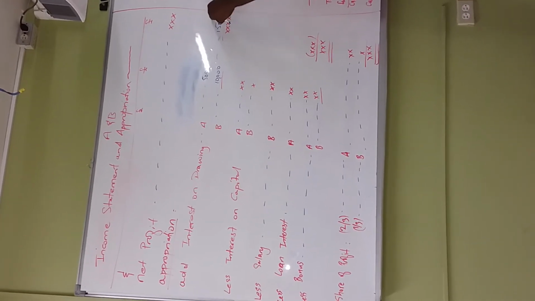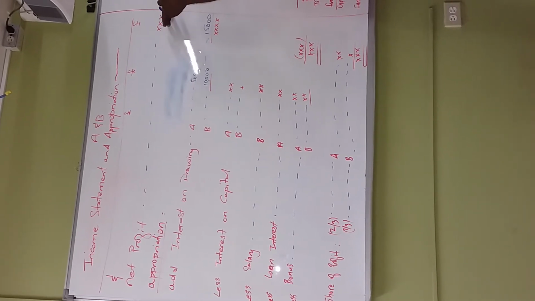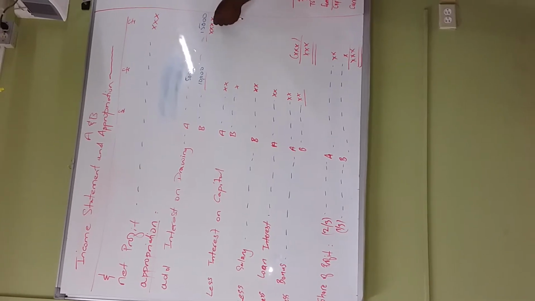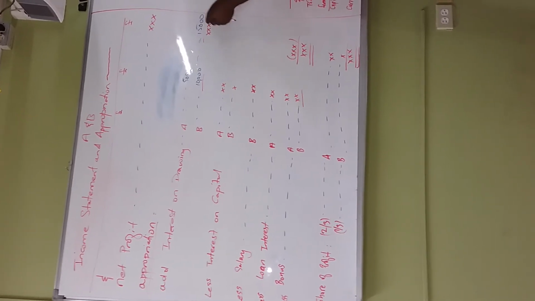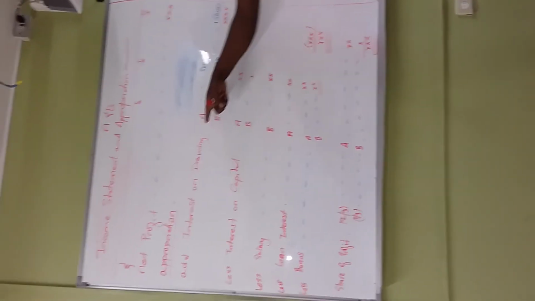This 15,000 would be added back to your net profit. If your net profit was 200,000, 15,000 plus the 200,000 will give us 215,000. So in the appropriation account, pretty much what we add is our interest on drawings.